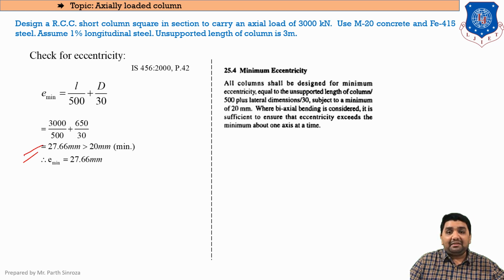So the minimum eccentricity here is 27.66, but you always need to check that it is subject to a minimum of 20 mm. That means whatever value you get from the equation, it should always be greater than 20 mm. If it is less than 20 mm, then we must always provide the value equal to 20 mm. Clear? So here, as it is greater than 20 mm, we will be taking E minimum to be 27.66 mm. Clear?